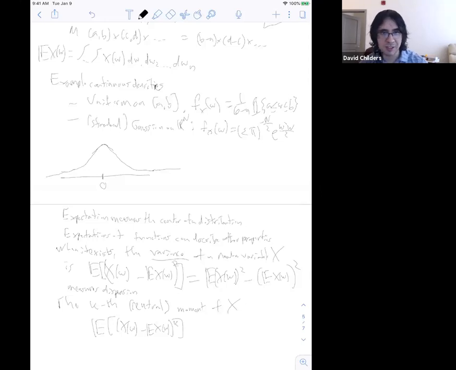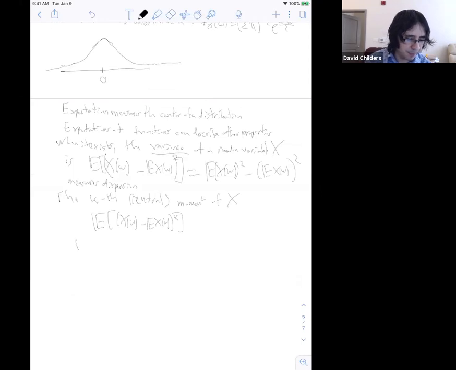Note that this isn't necessarily a distance, because for odd numbers, this can be positive or negative. So these have names. If k equals 3, we call this the skewness. If k equals 4, we call this the kurtosis. Kurtosis is always non-negative. Skewness can be positive or negative.